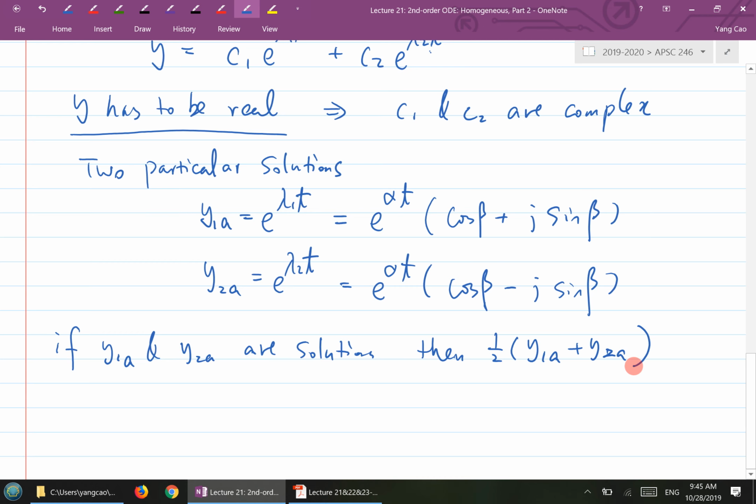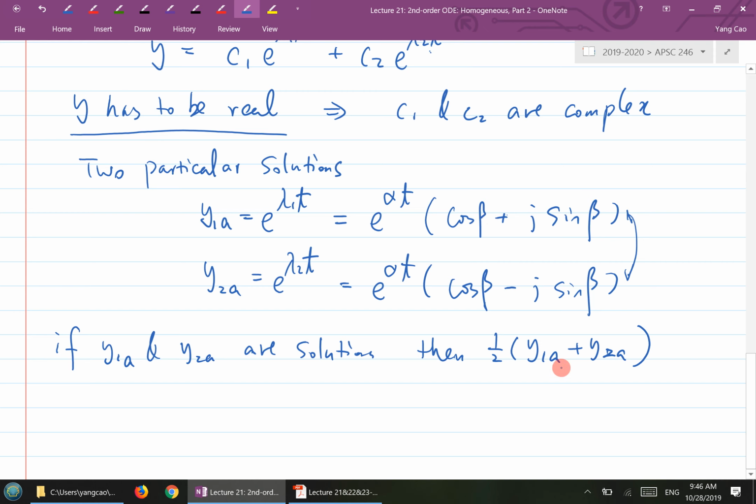Let's take a look at what happens when you calculate this plus this divided by 2. If I add these two up, you have a positive and negative j term right here, so the j term is gone, and you're left with twice the first term.